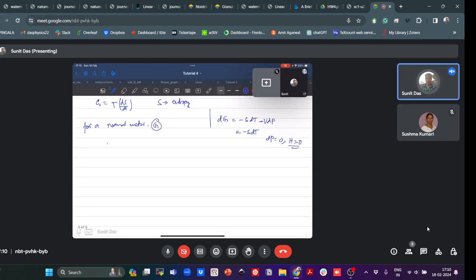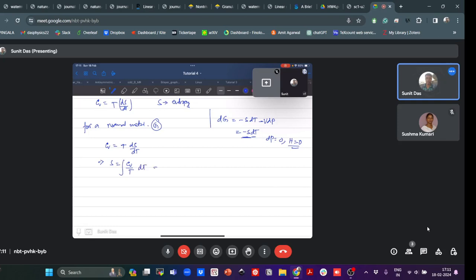So then we have CV equal to T dS dT, or rather we first calculate S, so that we have this S and then dT. So S will be the integration of CV by T dT, right?